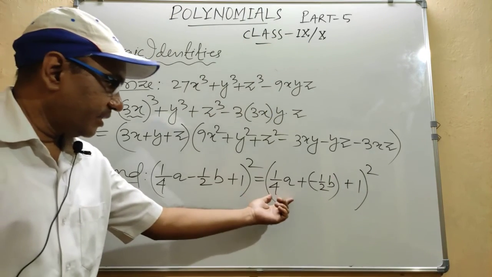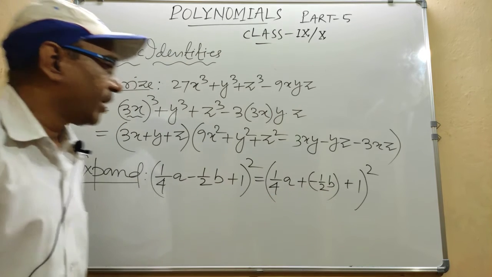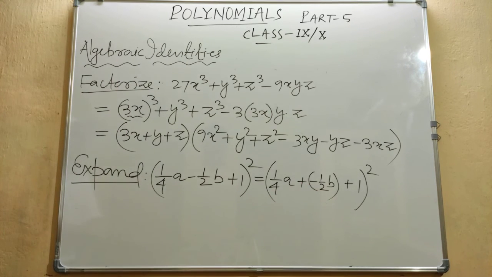a plus b plus c its whole square. In place of a it is a by 4, in place of b it is minus 1 by 2b, in place of c it is 1.